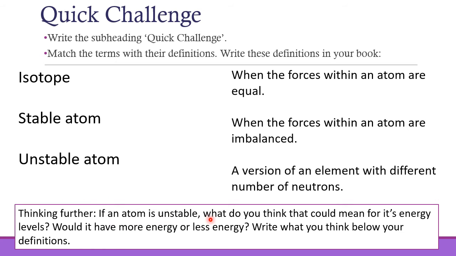If an atom is unstable, what do you think that could mean for its energy levels? Would it have more energy or less energy? Write what you think below your definition. So can you spend around 5 to 10 minutes on this little quick challenge here? Pause the presentation here and spend around 5 to 10 minutes on this challenge, depending on when you're finished.